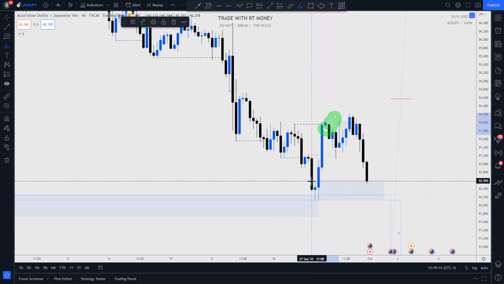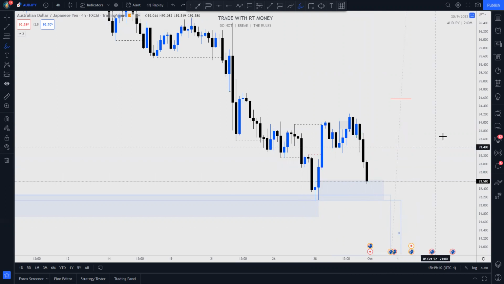As soon as it does this, I'm down here looking at this demand zone that has formed. It's led to a higher high. It's led to a break of structure. I have a reasonable expectation that price will hold here if it comes back. Price came into this zone with a lot of bearish momentum. We're going to see if this zone holds.